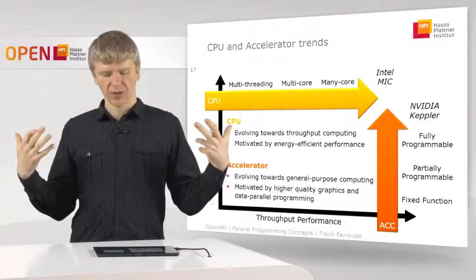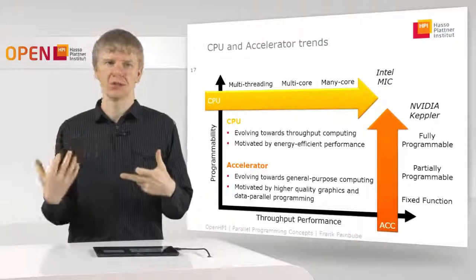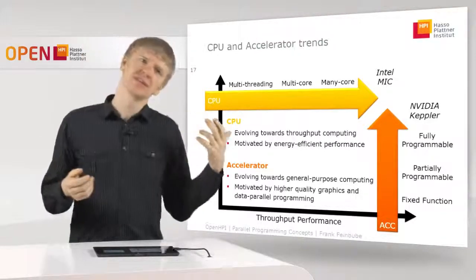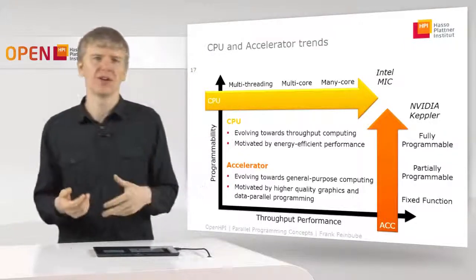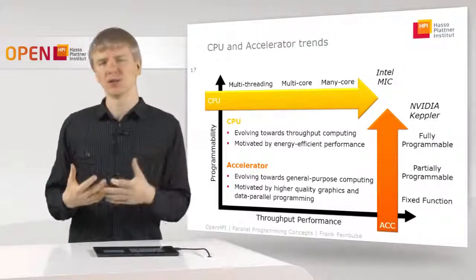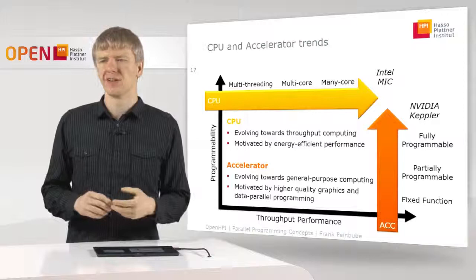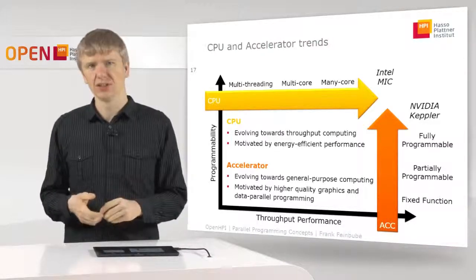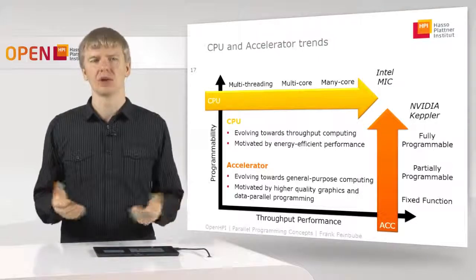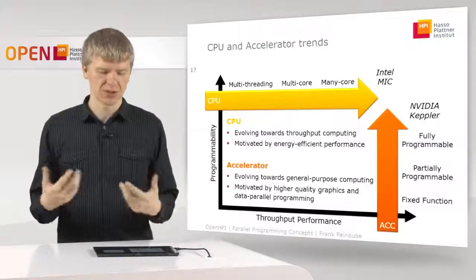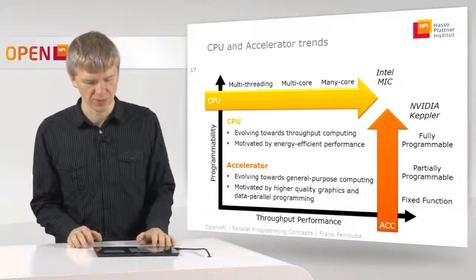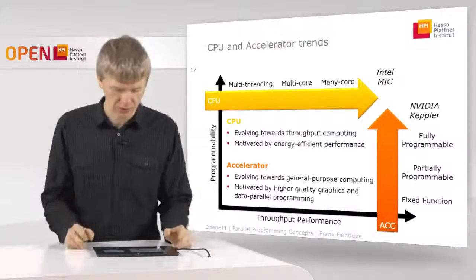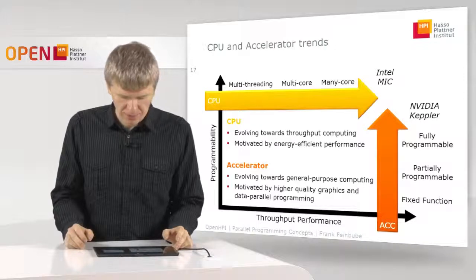And since GPUs are so programmable and have had many cores for years, and since Intel CPUs were programmable all the time and now have so many cores, those vendors, Intel and NVIDIA for example, are actually competing today on the market in order to get the shares of those future markets.